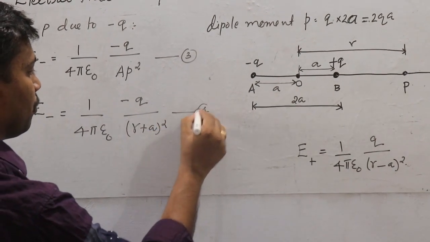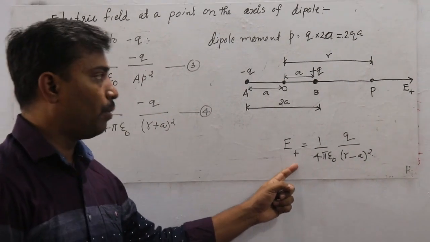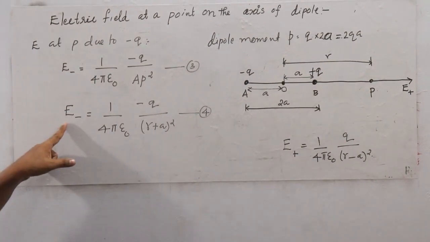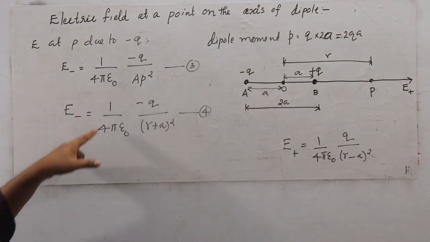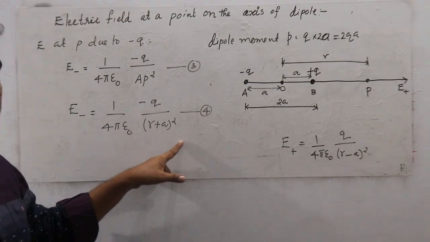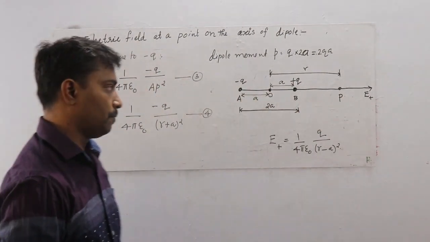That's equation number 4. This is the equation for finding the electric field at a point P due to the minus Q charge.